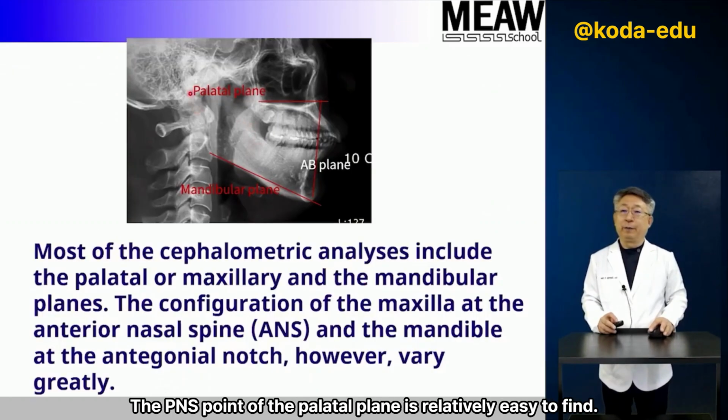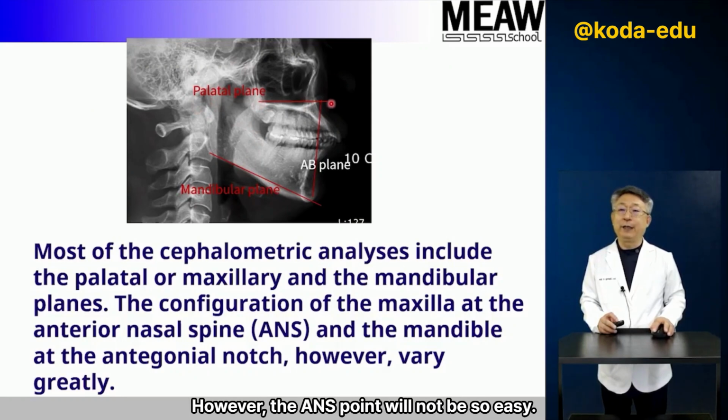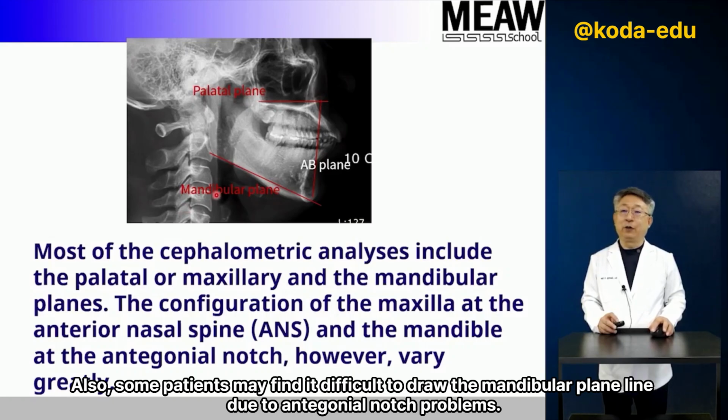The PNS point of the palatal plane is relatively easy to find. However, the ANS point will not be so easy. Also, some patients may find it difficult to draw the mandibular plane line due to antegonial notch problems.